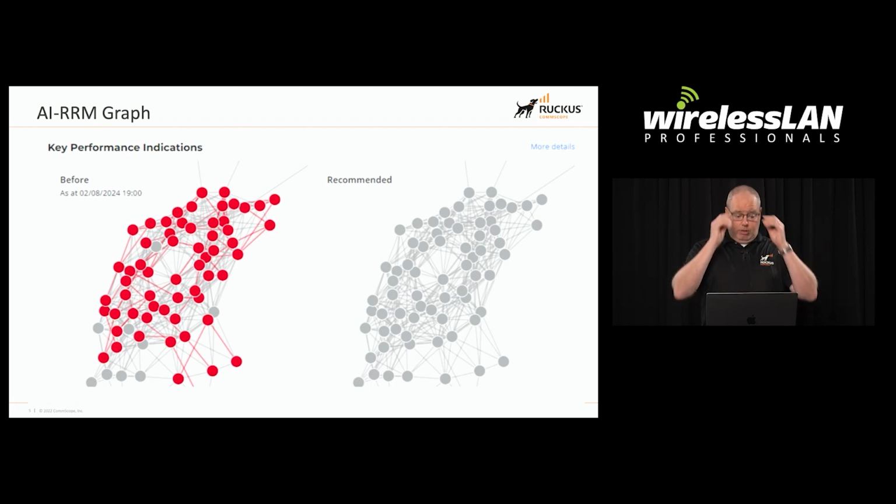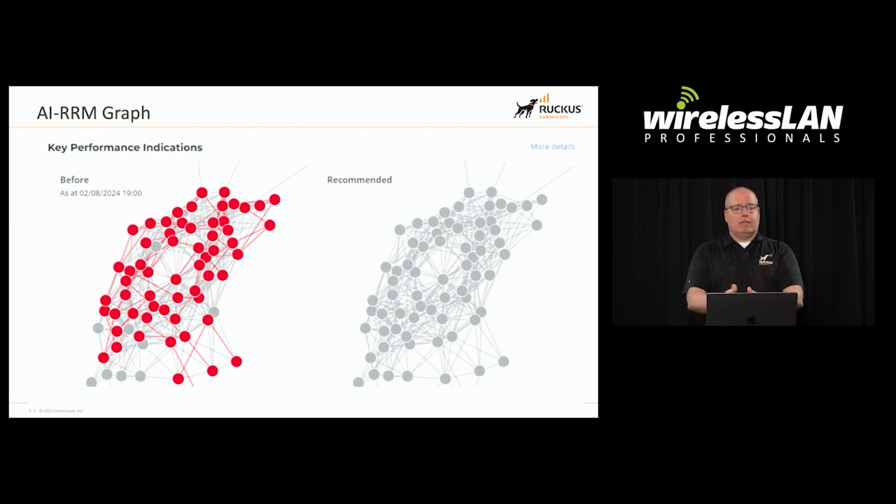Everything that's red and every link that's red has some kind of co-channel interference, so they're interfering with somebody else. If you let me make the change and implement what I want to implement, I'm going to give you what's on the right-hand side. In this particular example, zero interference, right? So you've got no more channel interference. In most cases, you'll get close to that.